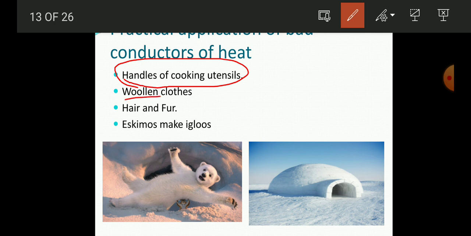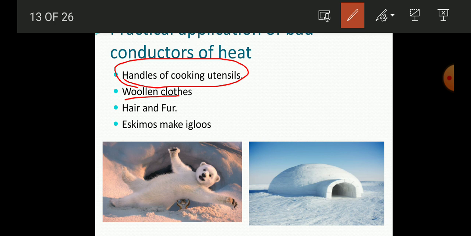Then we have woolen cloth. Students, as we all know, in the winter season we wear woolen clothes. Woolen cloth helps keep our body warm because it traps air, and this air does not allow heat from your body to move outside.